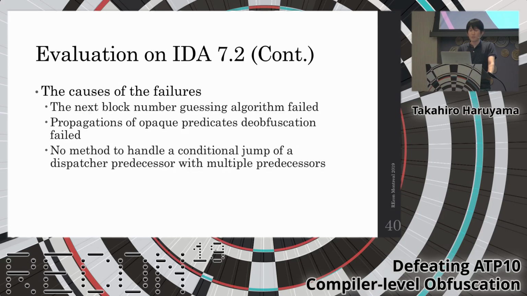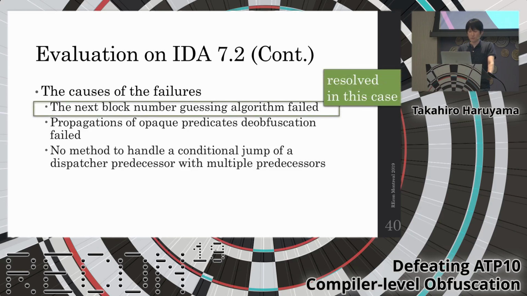The causes of the remaining failures were: first, the next block number guessing algorithm failed. This issue has been resolved in this case, but it may be problematic in the future because the guessing is not perfect.